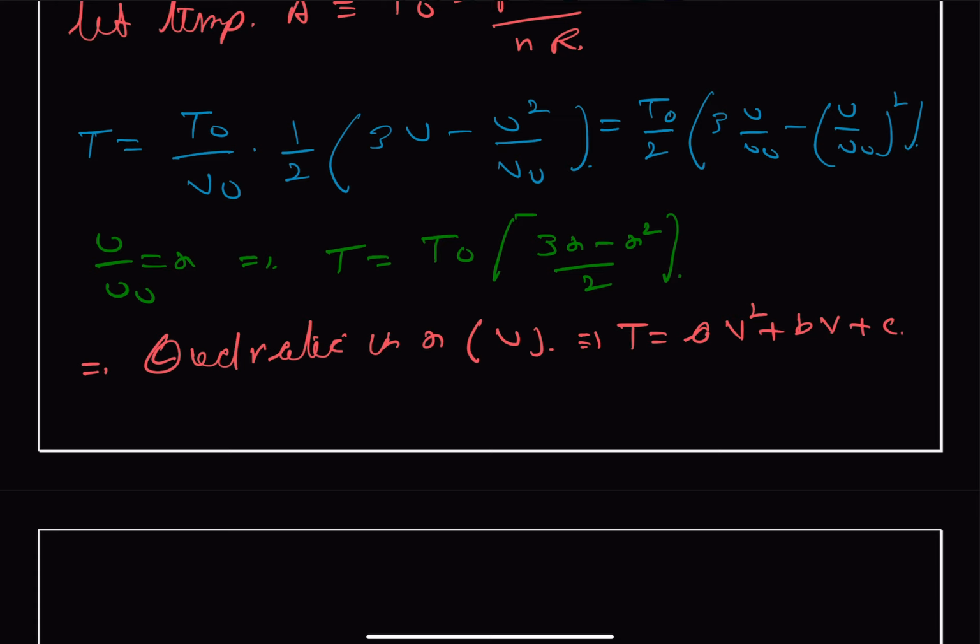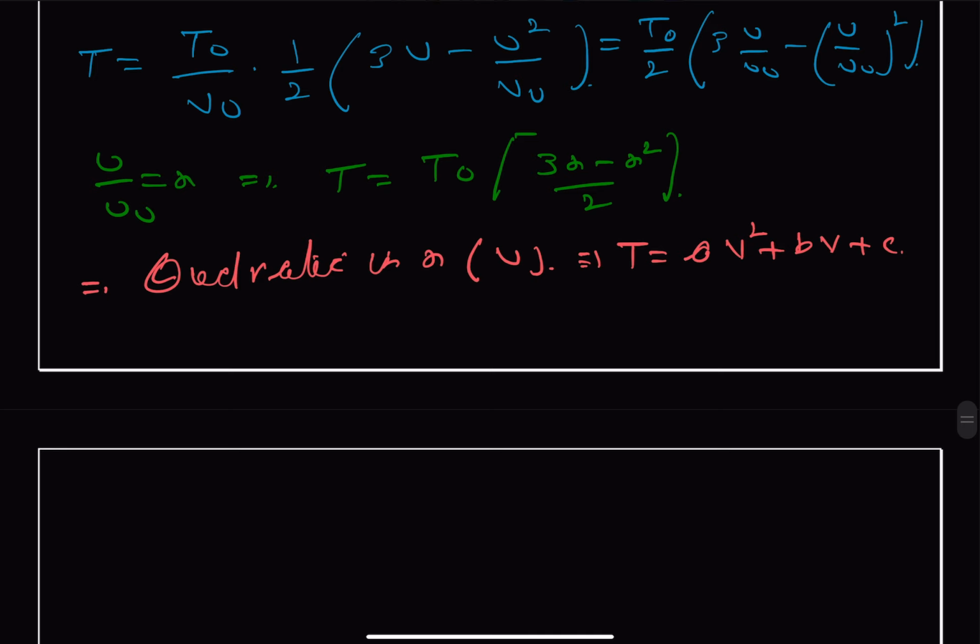And we can write that a will be equal to minus T naught upon 2 V naught square, b is equal to 3 by 2 times T naught by V naught, and c is equal to 0.